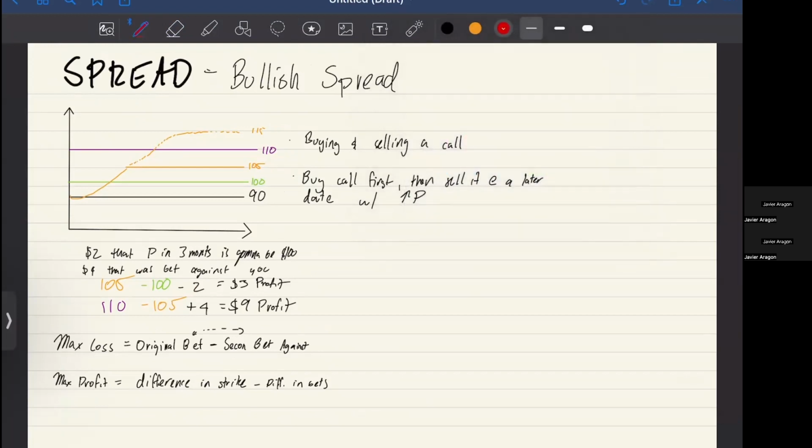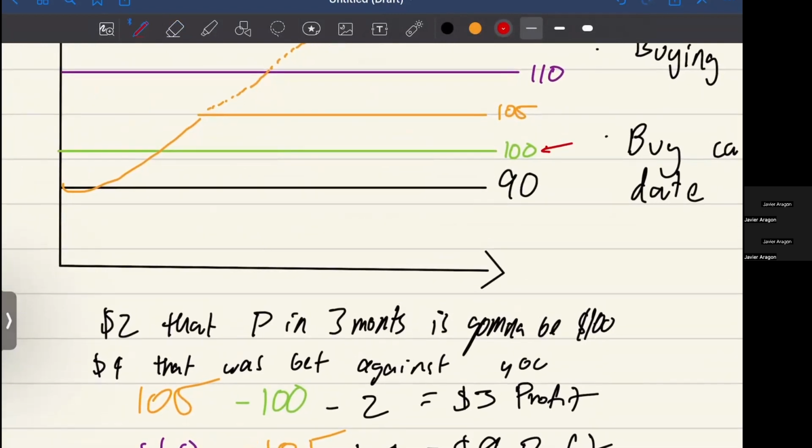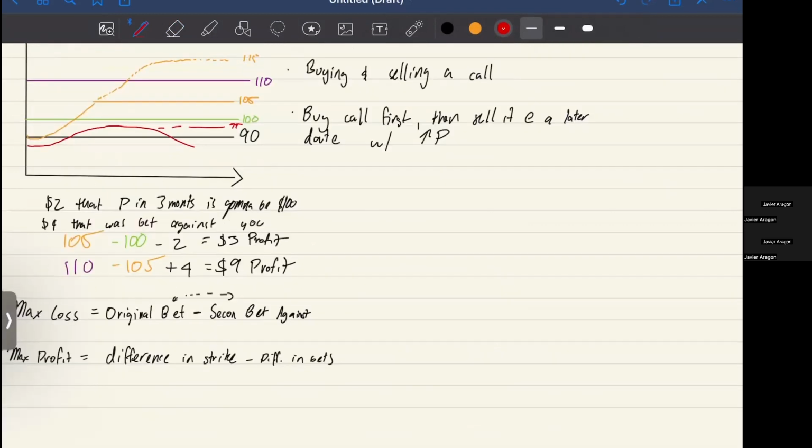Say you have your first one here. You bought a call option. Let's say the stock didn't go past 100. Let's say it peaked at like 95. So you did not exercise your option.